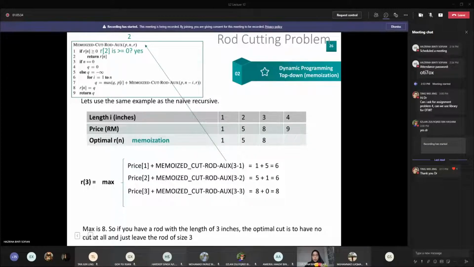What we do right now, we have the memory of memoized cut rod auxiliary 2. We check R2, is it bigger than 0? If yes, then we return R2. What is R2 now? R2 is 5. Therefore, we return 5. Then we will get 6 ringgit if we cut it this way.